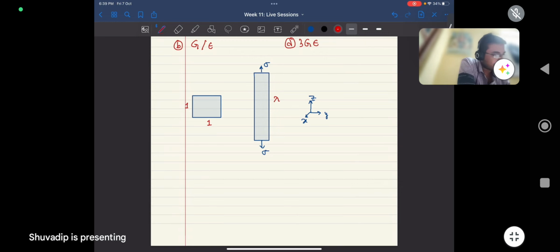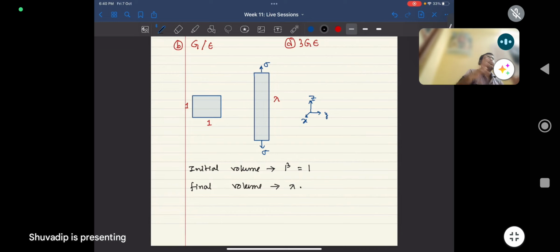Suppose the initial side of this object is unit, and now it has elongated in the z direction and the side has become lambda. Even though the shape is changing, the volume is conserved. So the initial volume is 1 cube, 1. The final volume should be 1 again. This z side is lambda, and the other two sides have to shrink to keep the volume constant. Let us say the other sides are a.